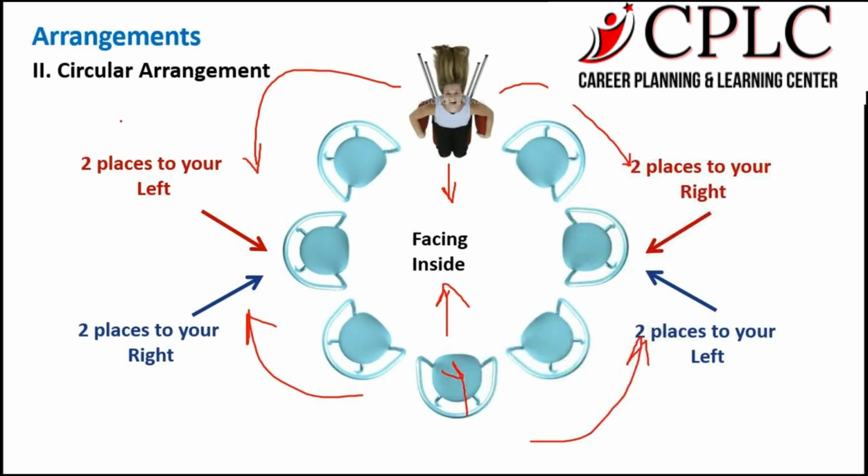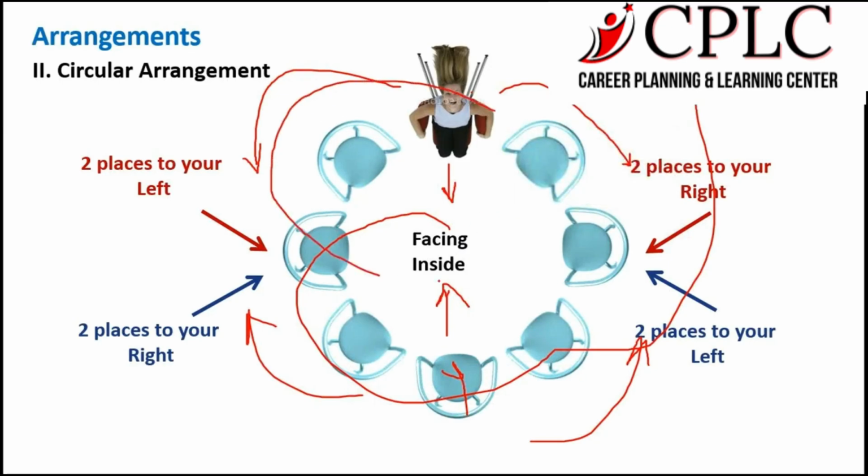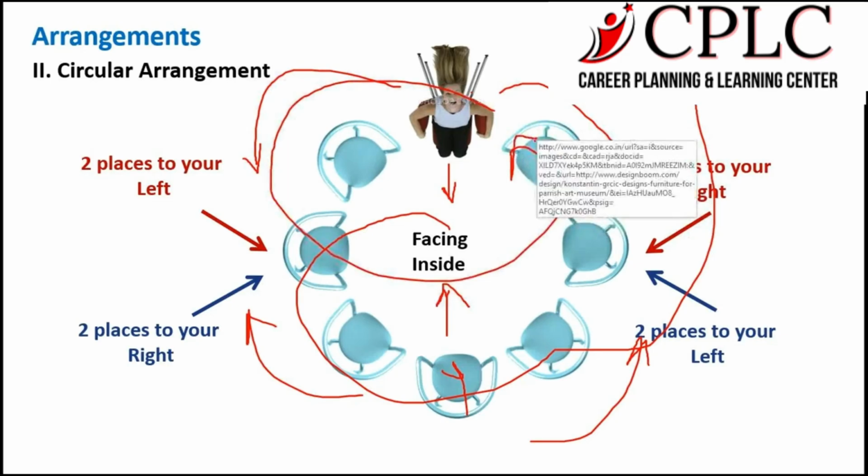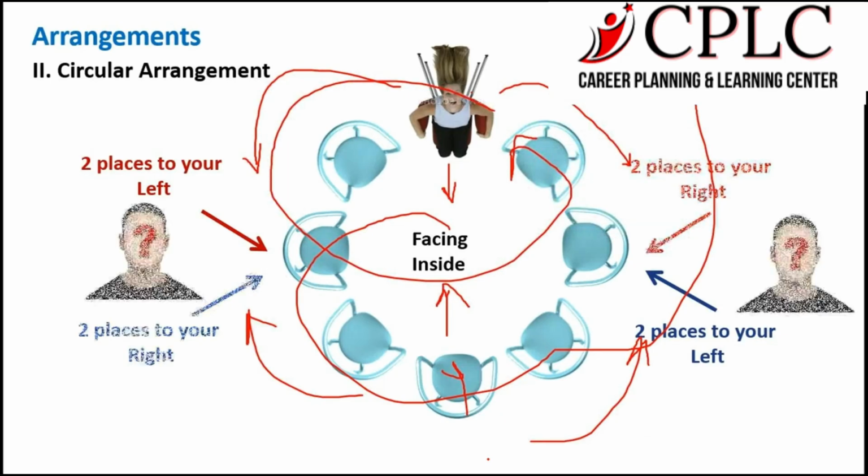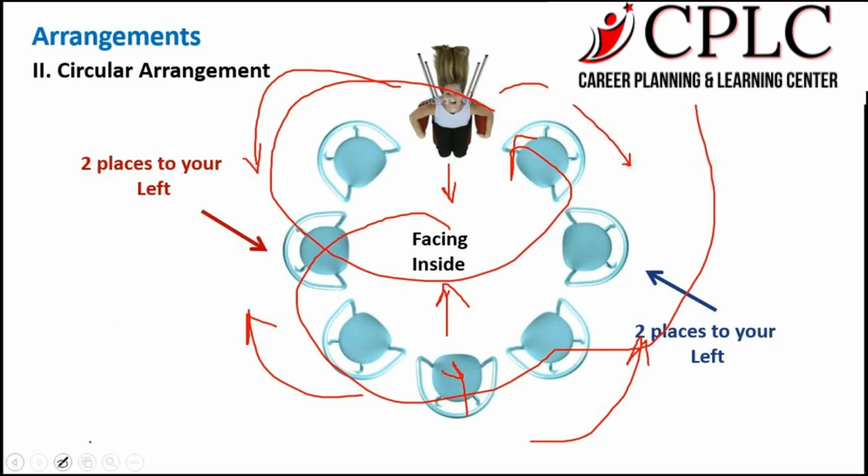So what we can actually generalize is that if you look from this particular perspective, whether you're sitting here or here or here or here, left is always this direction, which is clockwise direction, and right is always going to be anti-clockwise direction. And this is something we can generalize as well when it comes to the circular arrangement part.